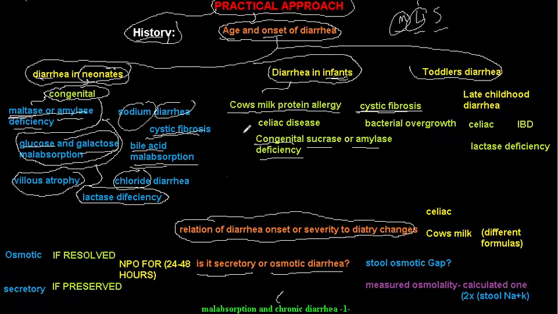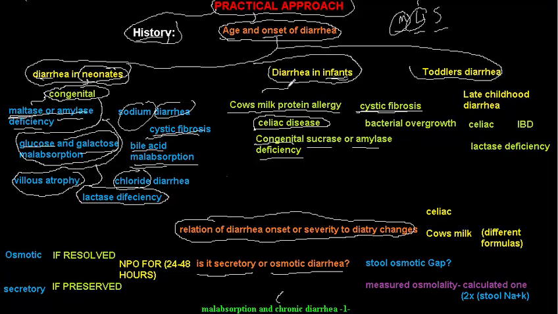We may start to feed the baby, and this may be associated with a very important cause of diarrhea in infants, celiac disease. I'm also going to talk about it in a separate video, but this is a kind of allergy to some kinds of food.